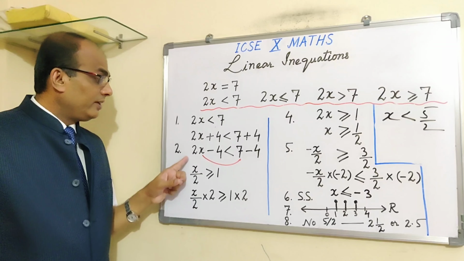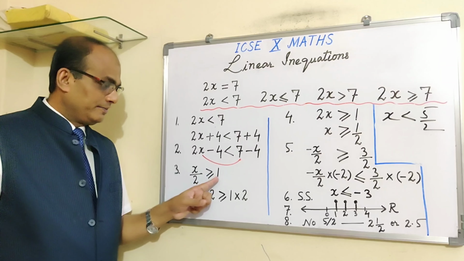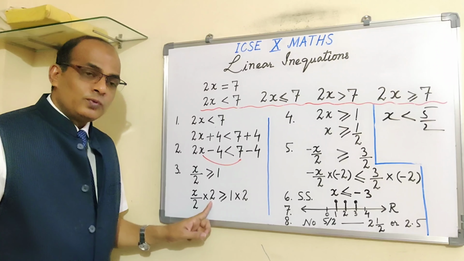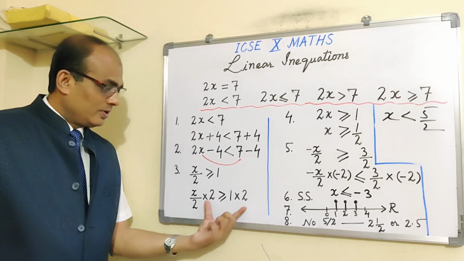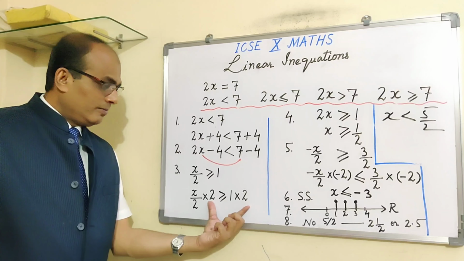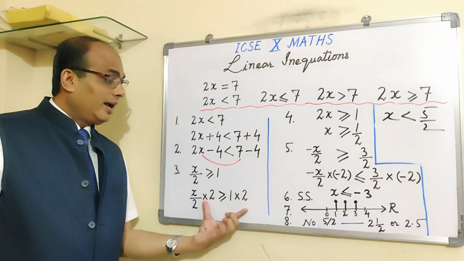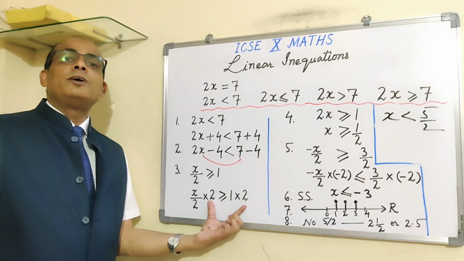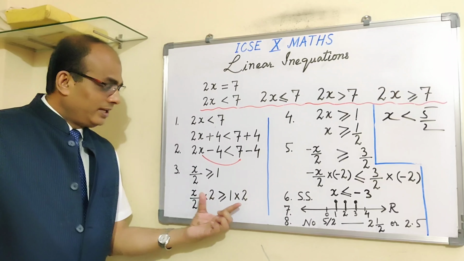I have taken one inequation, x upon 2 is greater than or equal to 1. What I am doing is multiplying both sides of the inequation, left and right, by the same positive number, here 2. What's happening?